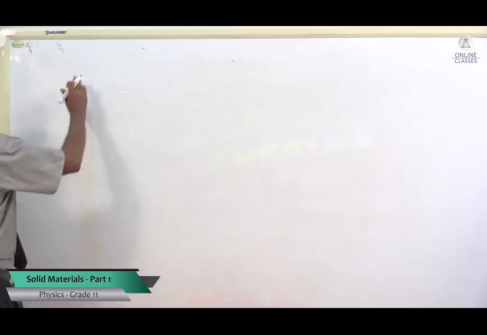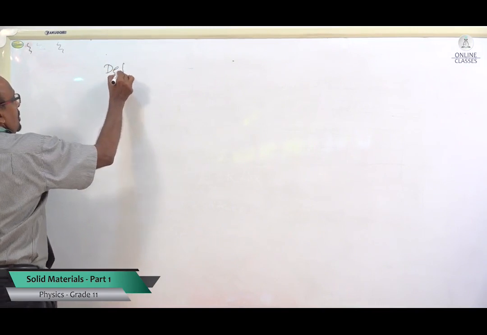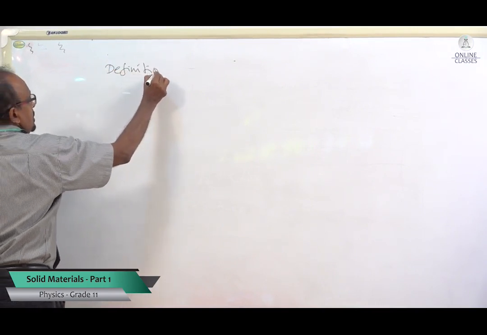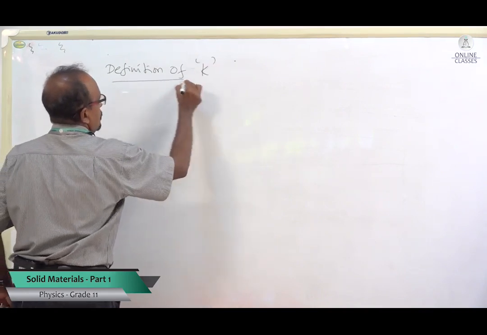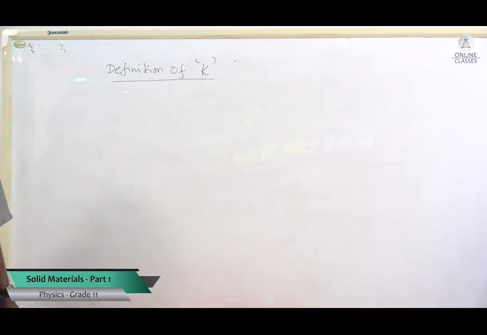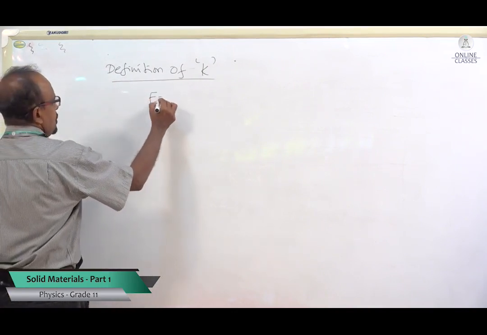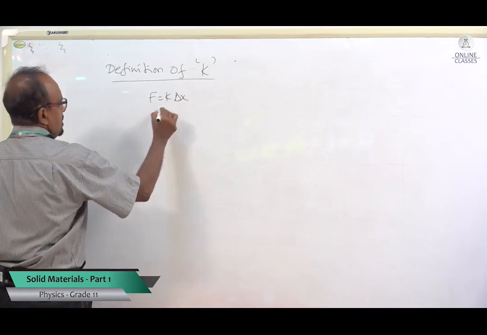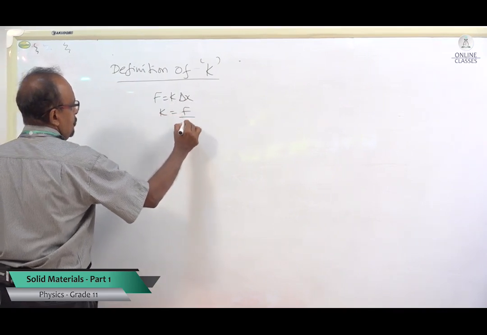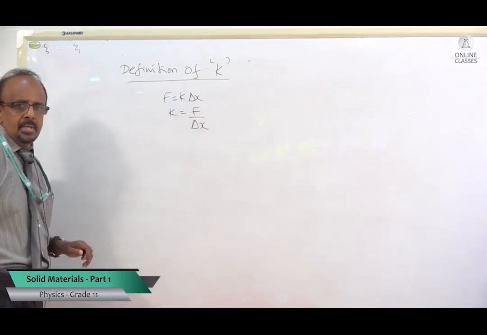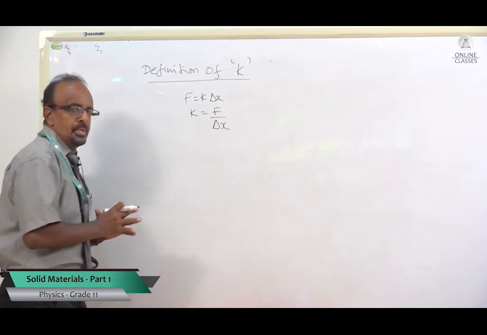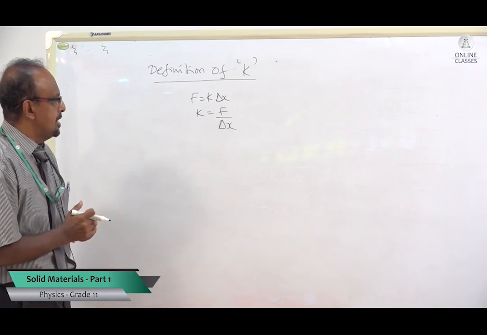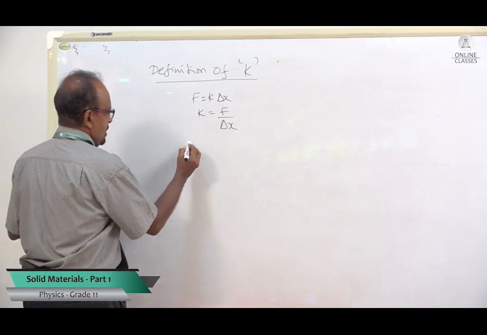We see now the definition of K, the stiffness constant. We can use the equation F equals K delta X, so K will be F over delta X. If they ask for the definition, you can't directly write the equation, I think you can write the word equation.